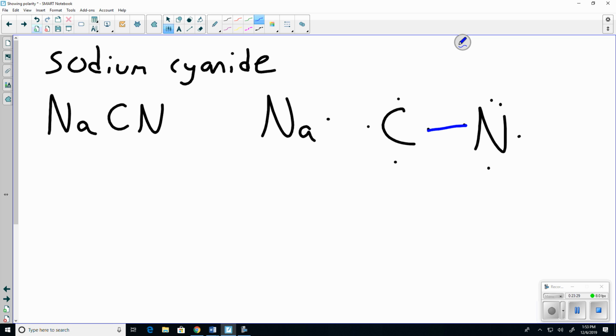Sodium can give. However, if sodium gave right now, neither the carbon nor the nitrogen would be at the octet. Let's do a second bond.